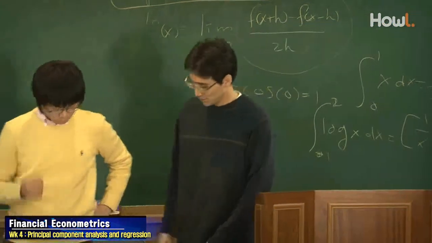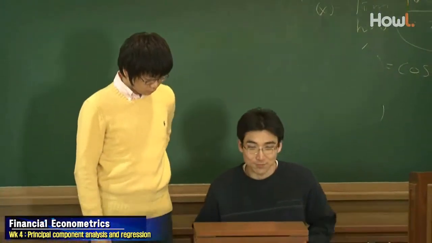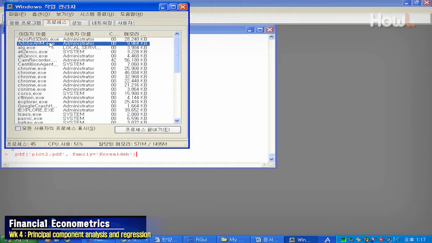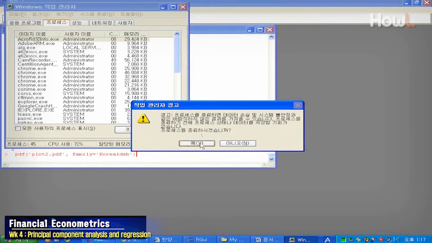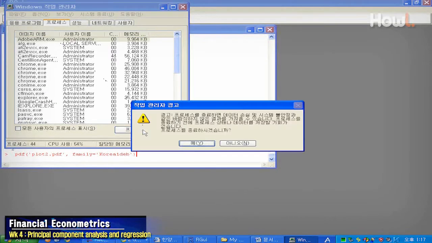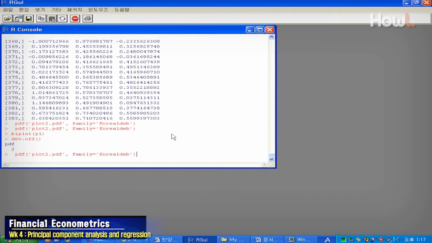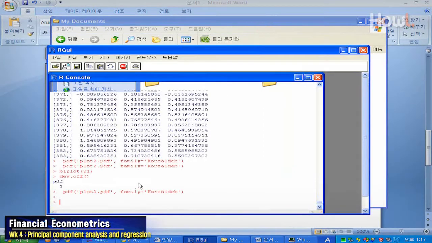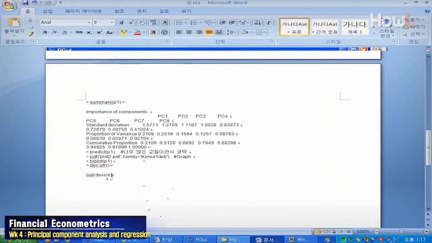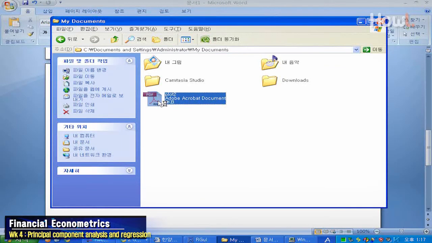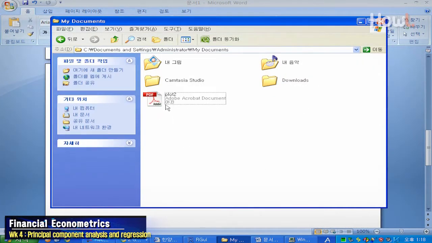Just a moment. Okay. You know what? The file size is 0.